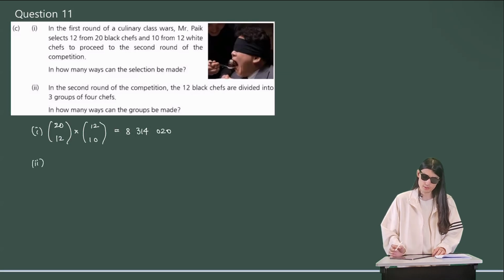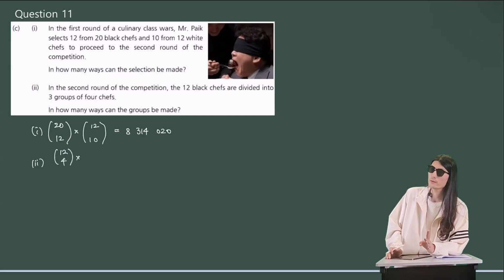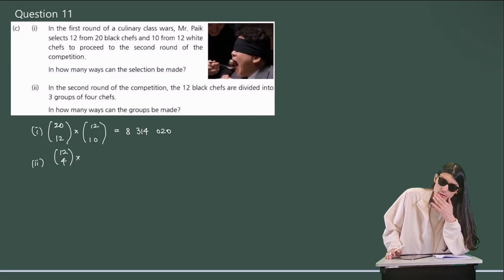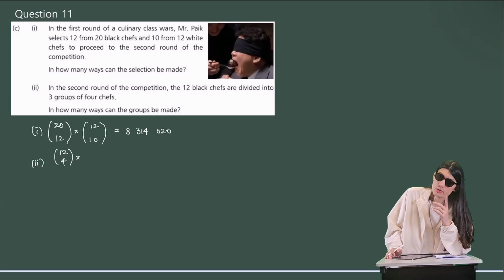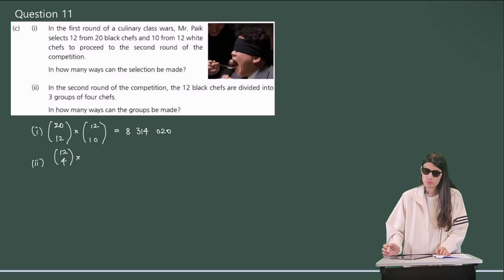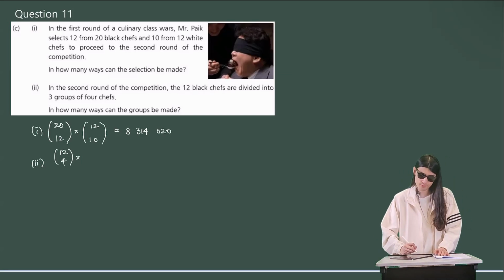For the second part, 12c4 for the different ways of selecting 4 out of the 12 black chefs to go into your first group. Here we'll have 3 groups altogether, 3 groups of 4. So 12c4 for the first group.